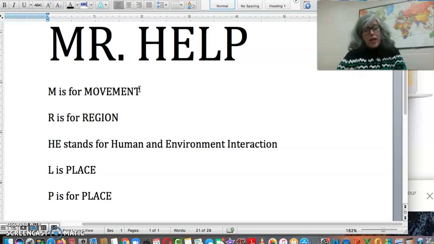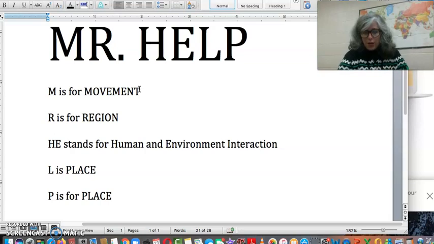Anyway, if you haven't heard of that yet, you could just Google the coronavirus, and you'll see several news stories that talk about where it originated, what they're trying to do to contain it, and how it's moving, and how they want to try to combat that movement so the rest of us don't get sick and we don't have an epidemic. So movement happens in a lot of ways by a lot of things. And that's one of the major themes of geography. We'll look at it more in depth in our next lesson.